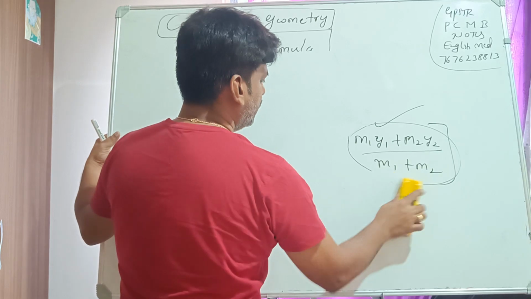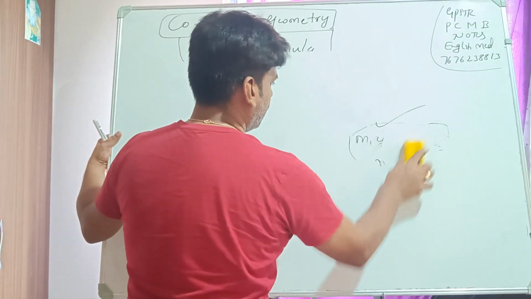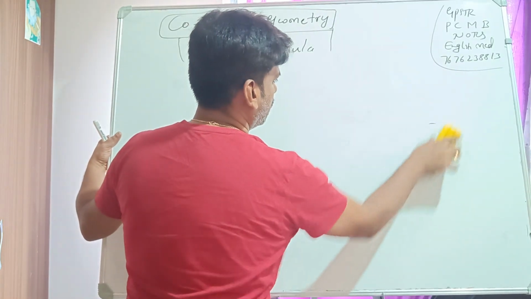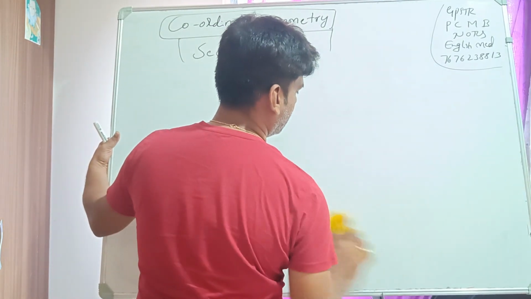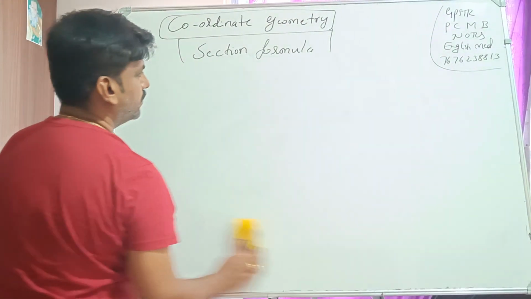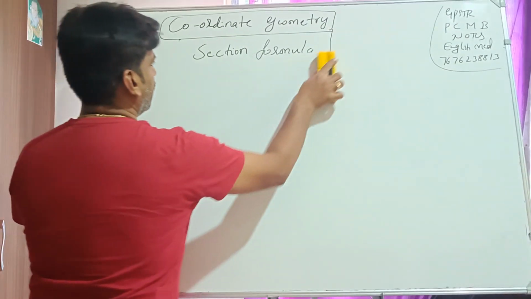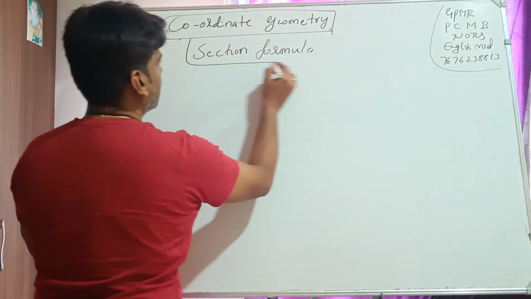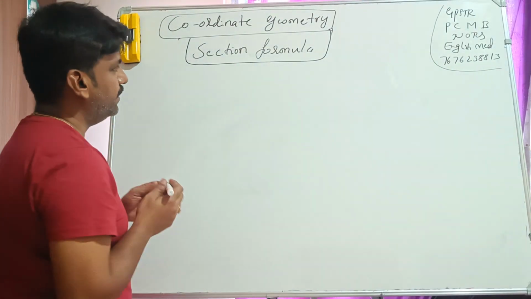So in this we are taking the section formula, right? With all my classes you will be able to solve all the mathematics problems. Mathematics problems look very complex, but it is not like that. The only thing is you should practice so that it becomes easy for you.